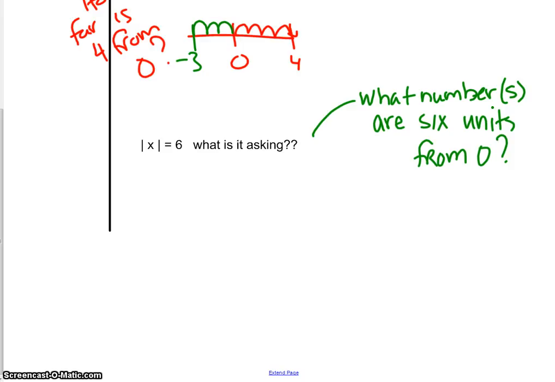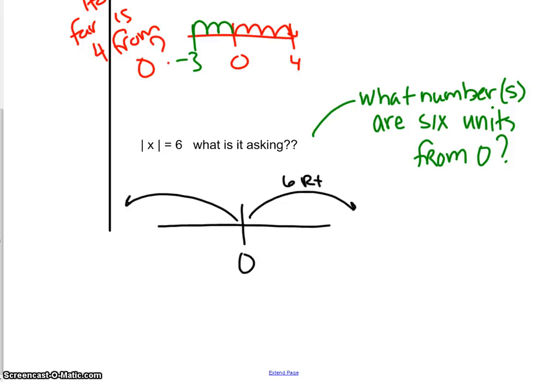When we think about it on a number line, we're counting how far from 0. So I can go 6 units to the right, or I can go 6 units to the left. If I take x equals 6, that's one of my solutions because 6 is 6 units from 0. And if I take -6, that's also 6 units from 0.